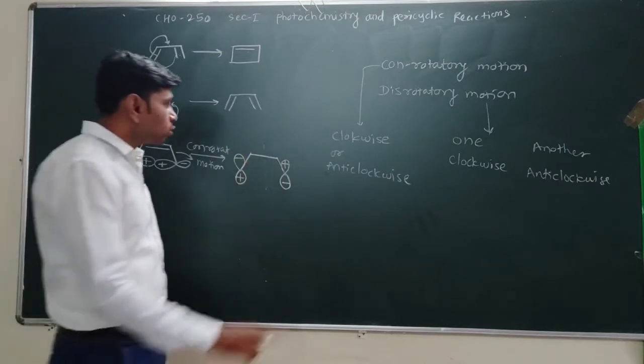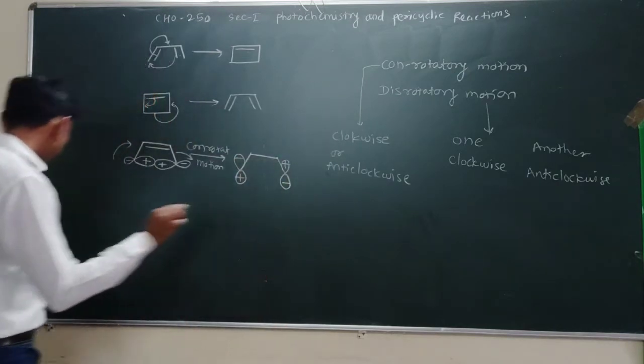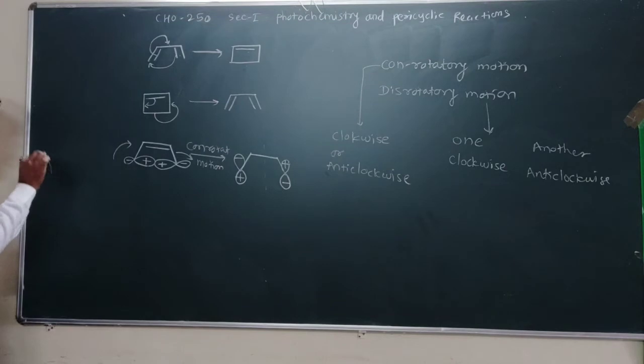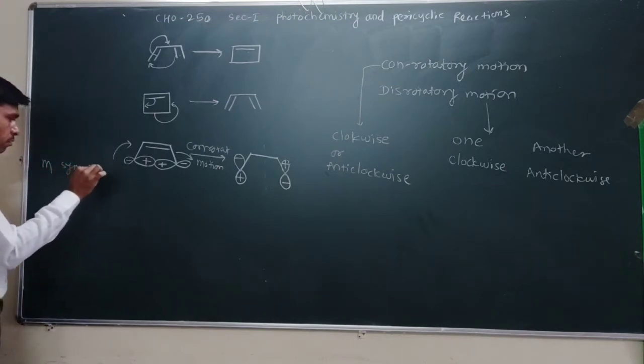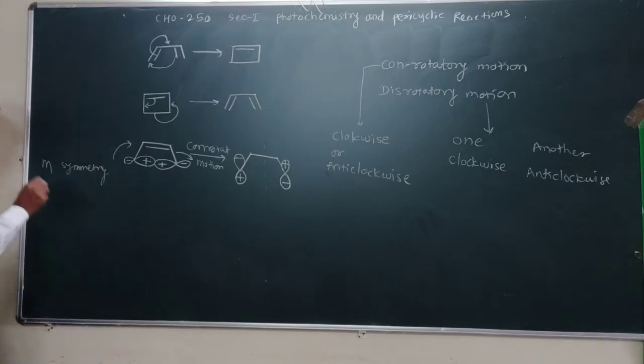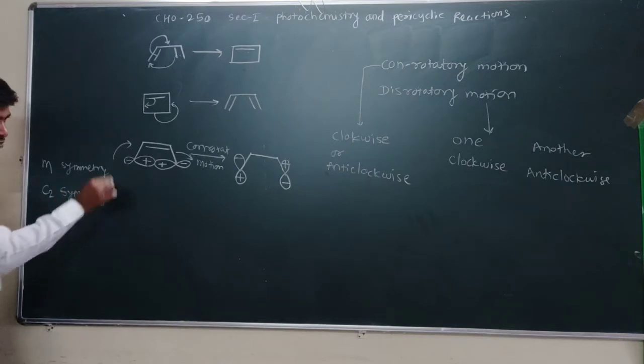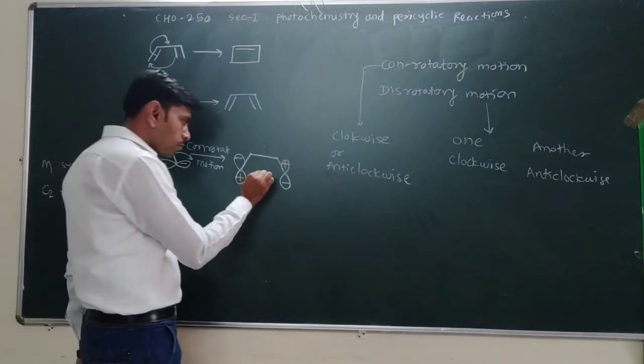That means it has no mirror symmetry. There are two types of symmetry: mirror symmetry, and the center of symmetry, C2 symmetry. Which symmetry is observed here? Here we observe the center of symmetry.